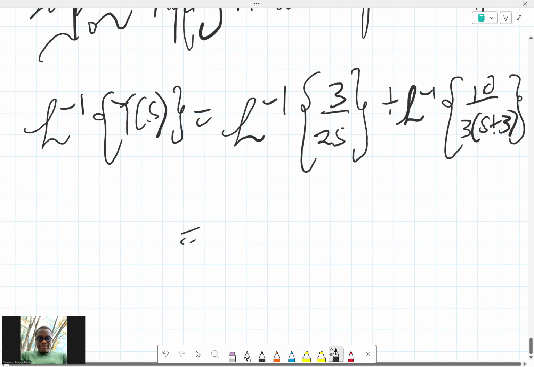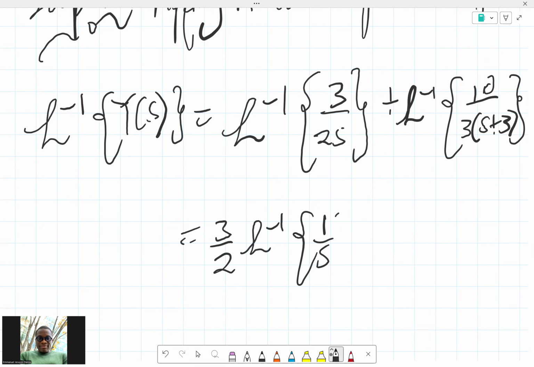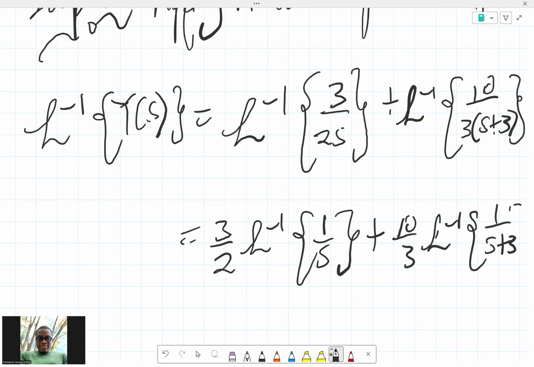So that means we have 3 over 2 L inverse of 1 over s, because that's constant, right? Plus, better still, 10 over 3 L inverse of 1 over s plus 3.